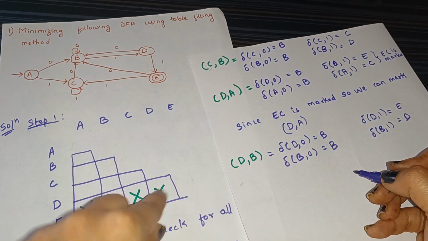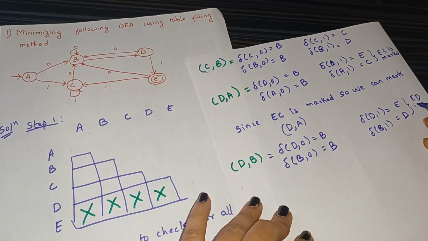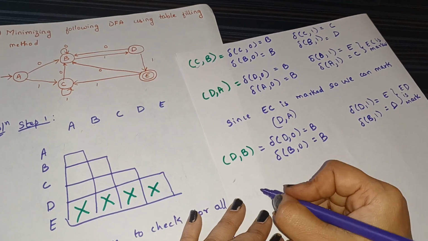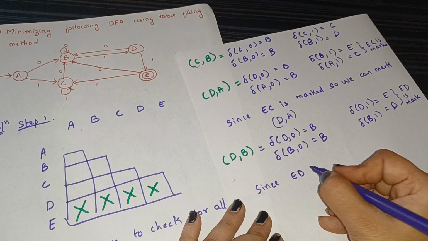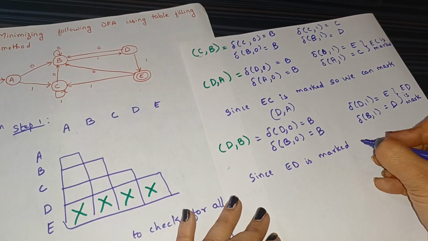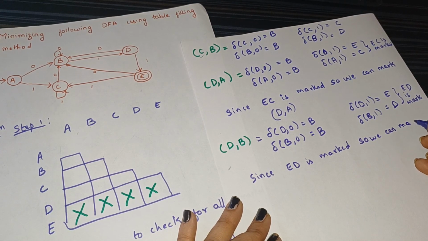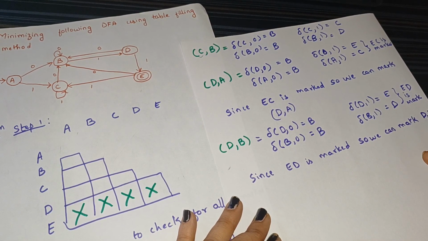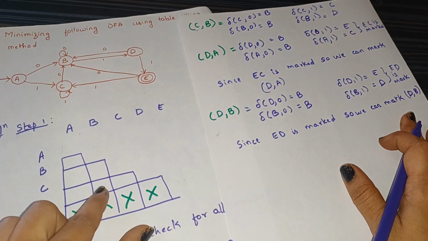So ED is marked. Since ED is marked, so we can mark DB. Okay, so we can mark this DB.